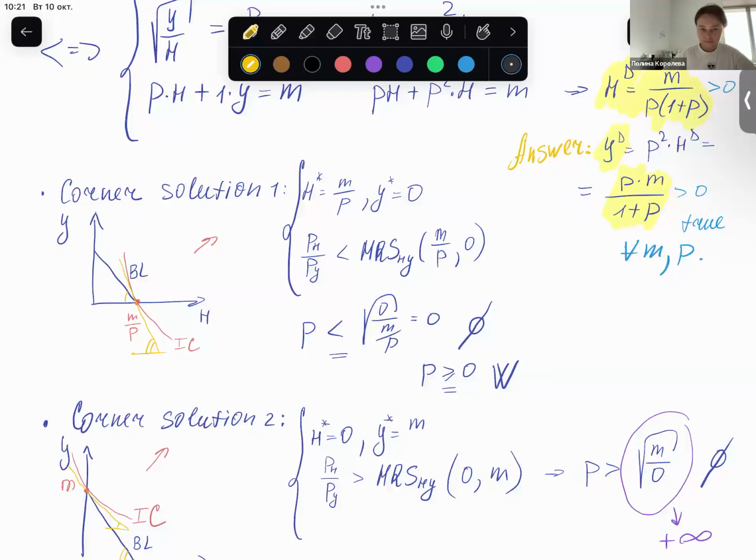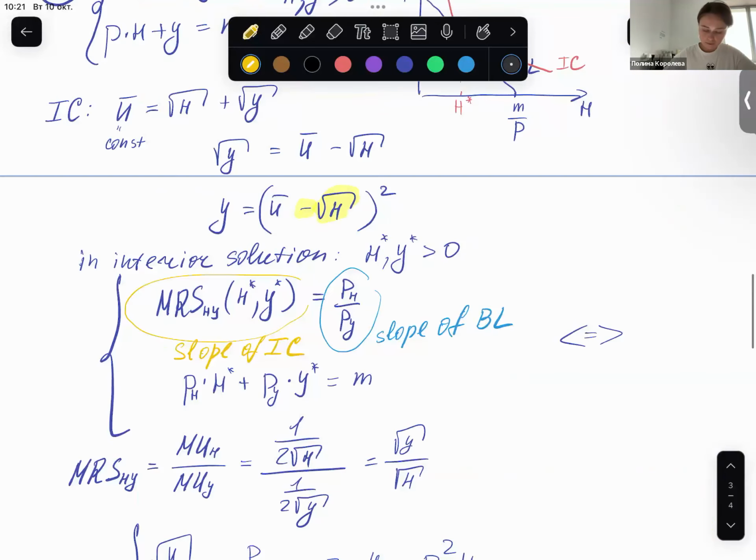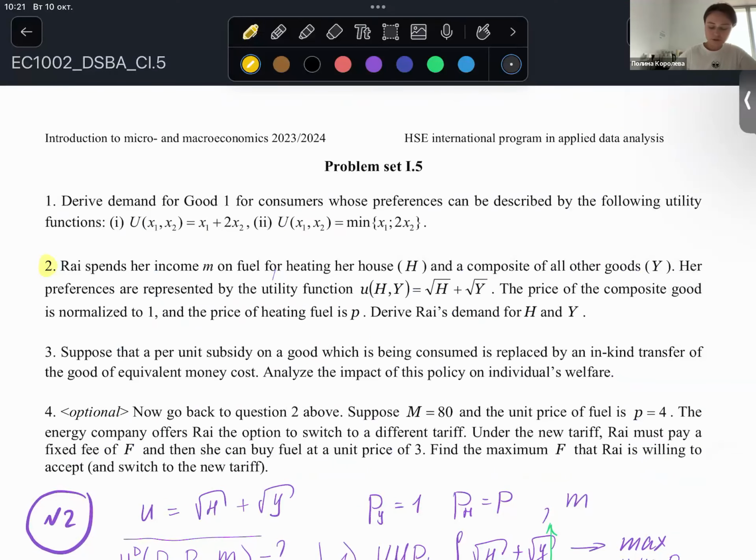In number 1, we will not have a standard situation. We cannot use this equality of price ratio and marginal rate of substitution. So let's check how to solve the points in number 1. These are our situations with perfect substitutes and perfect complements.